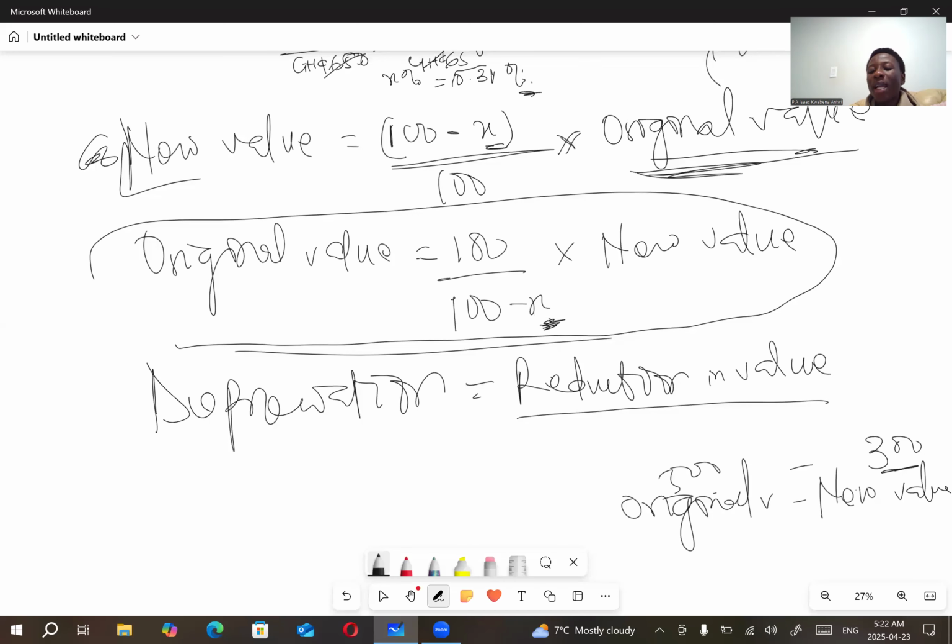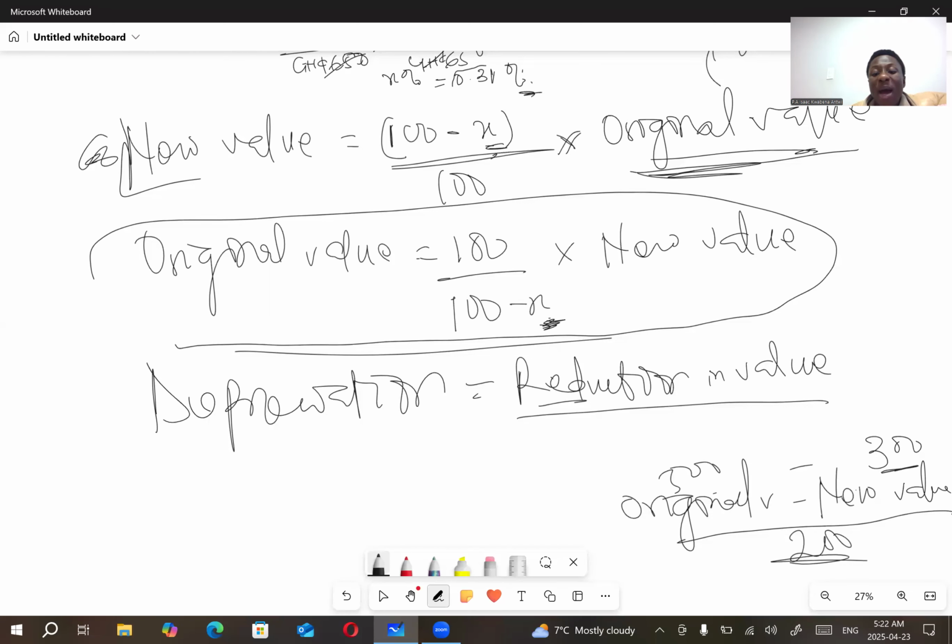So 500 minus 300 is 200, and 200 will represent the reduction in value, right? But you don't see reduction in value in the first two formulas. If you're wondering where it will appear from, I'm saying that when you make X the subject, you are likely to meet original value minus new value, standing for the top. And that's what I'm saying is reduction in value.